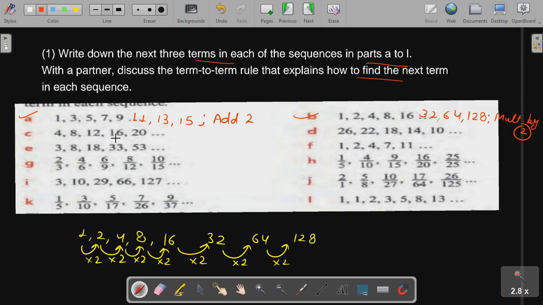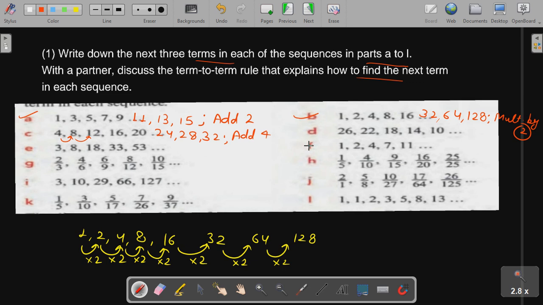Okay. Next one: 4, 8, 12, 16, and 20. We can see that if we add 4, then we get 8. Add 4, we get 12. For the next three terms, to 20 we add 4, so we get 24, 28, and 32.